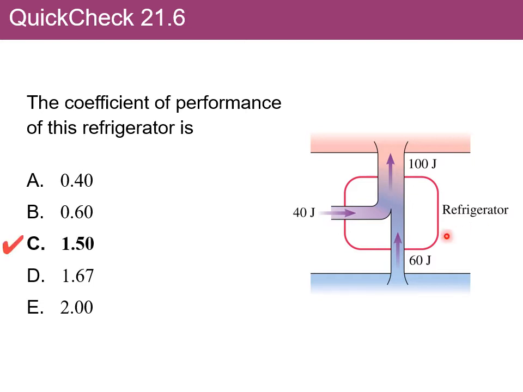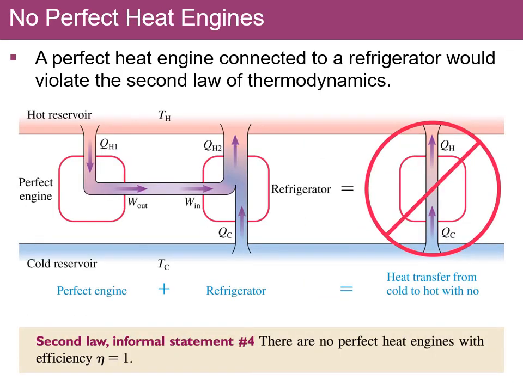Here we find that 60 joules divided by 40 joules is a coefficient of performance of 1.5. We can also see that this prevents us from having a perfect heat engine, as this would allow us to create a workaround for heat flow from cold to hot without any cost.